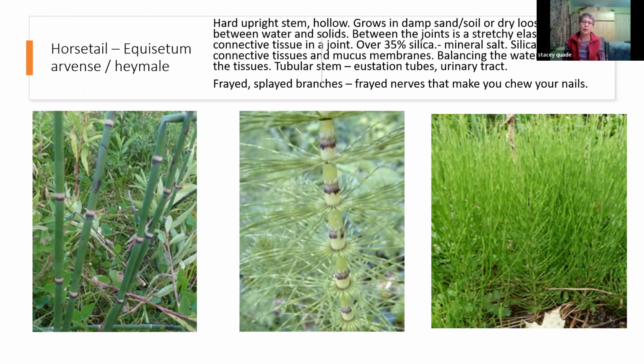Matthew Wood talks about how those splayed branches look like someone with their hair standing on end, someone who's at their wits' end, or chewing on their nails because they're frazzled. Sometimes when our nails are weak and we are nervous, it's because we're missing that building block of silica.